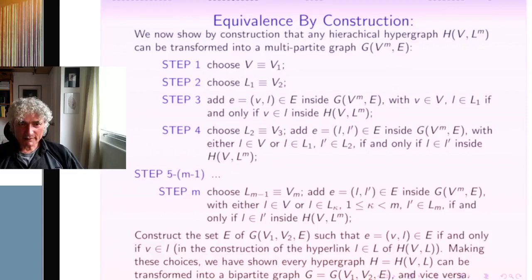I leave this to you. You can go through this construction, but it's clear that it actually follows exactly the same way of thinking as for the hypergraph example. But now, of course, you do this iteratively, going from level m to level m+1 and so on and so on.